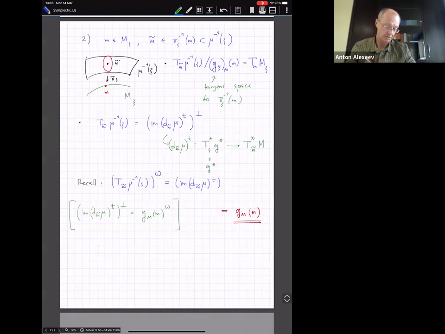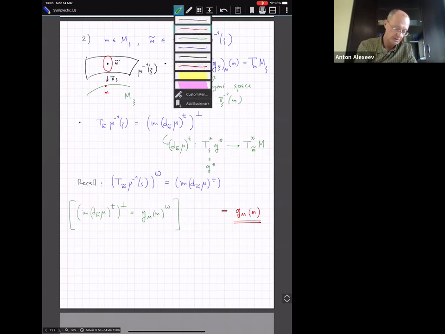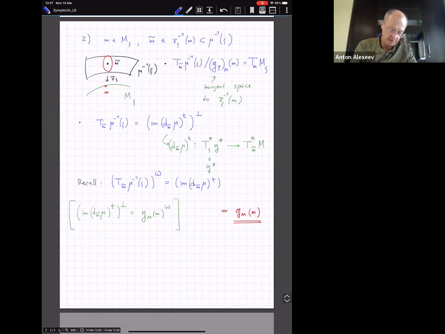So right. So now I can complete my proof. Here I'm just using the first observation, and now I'm just adding omega orthogonal. So this is then equal to GMM omega orthogonal.